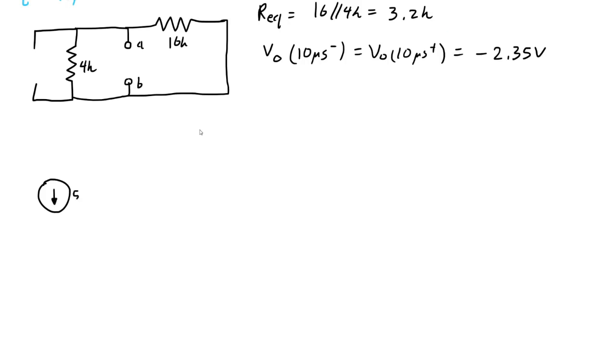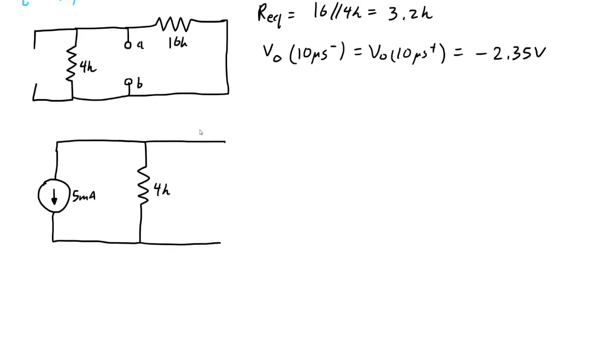Here's a current source, still 5 milliamps. Going to be in parallel with this resistor. It's 4 kilo ohms still. Capacitor, 20 nanofarad. And we have resistor, 16 kilo ohms.